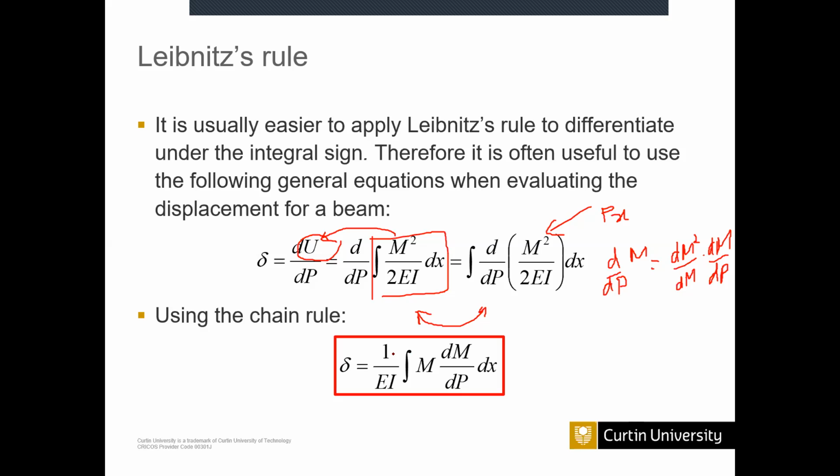If you want to find the deflection at any point, you use that load and differentiate the bending moment with respect to that load. So it is dM by dP; find that first derivative separately. Then substitute M and that first derivative into the equation, integrate and do the calculation.